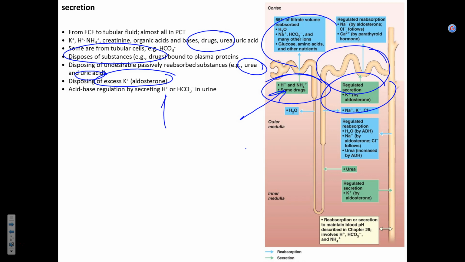Now, secretion of hydrogen ions or bicarbonate allows you to regulate the pH of the blood. So basically, we've got potassium, urea, acid, drugs. Drugs have a particular importance from the standpoint of employment.